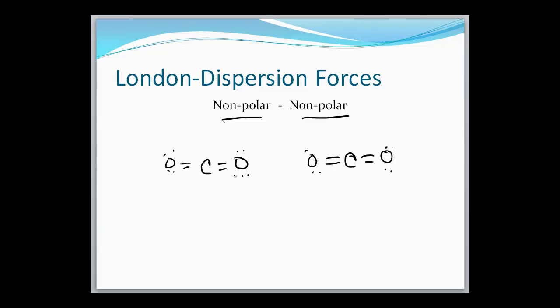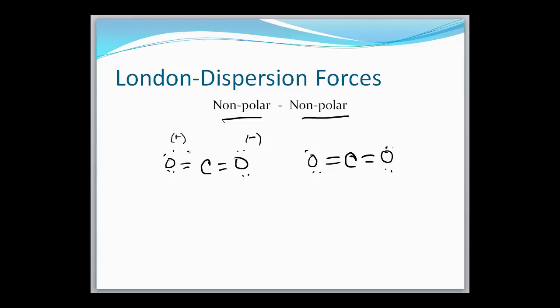But what does happen is you've got to remember that these electrons kind of move all around the structure. Every once in a while in this structure, there's going to be more electrons on one side than the other, just out of pure chance. And what happens is you get a very slight negative charge on one side of the molecule, which would make a slight positive charge on the other side of the molecule.